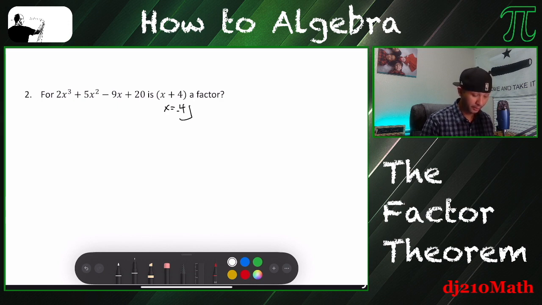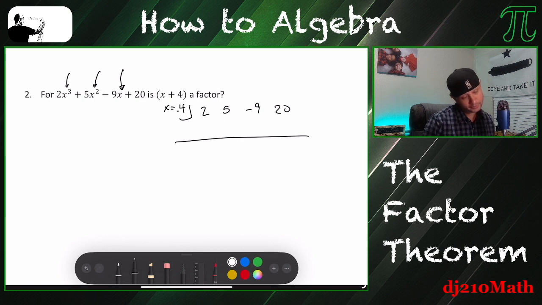I grab the coefficients, so I first check to see if they're all here: 3, 2, 1. They are. So I grab the coefficients 2, 5, -9, 20.